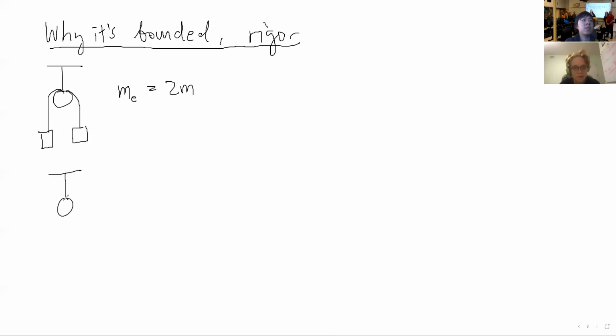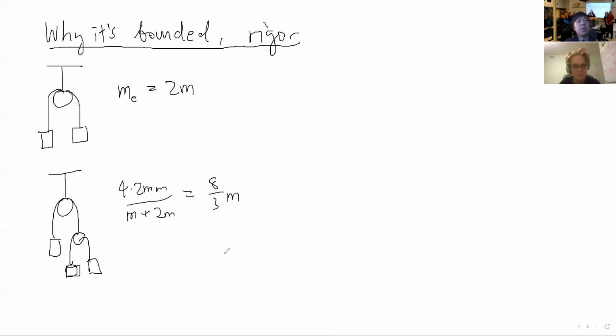And now if you do it for the second layer, this is equal to 8/3, 4 times 2m times m over m plus 2m, right? And then, who wants to calculate the third layer for me?